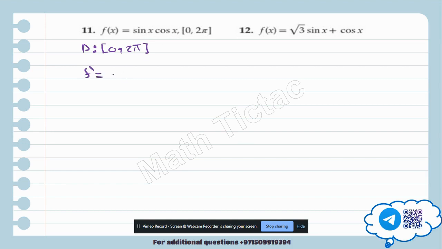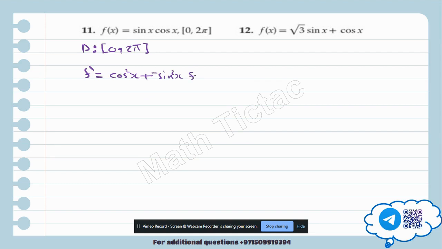So the derivative of the first one, which is cosine x, multiplied by the second one, which is cosine as well, so cosine square over here, then a plus. In here, I'll put back the first one again, sine x, multiplied by the derivative of the second one, which is minus sine, so it will be sine square here, and this is the minus there.